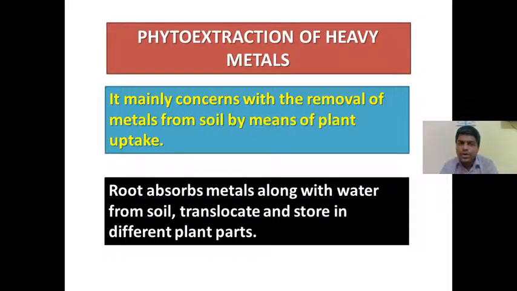Plant roots absorb metals along with water from soil, translocate those metals and store them in different plant parts. You all know that plants are living organisms, and for growth and development, plants require different types of minerals and nutrition. And those minerals and nutrients are taken from soil.